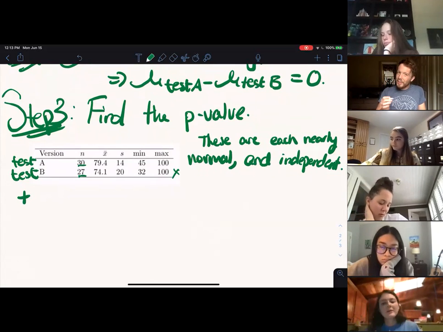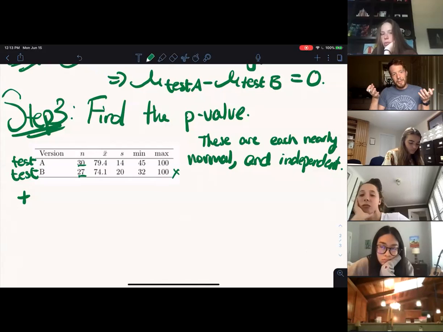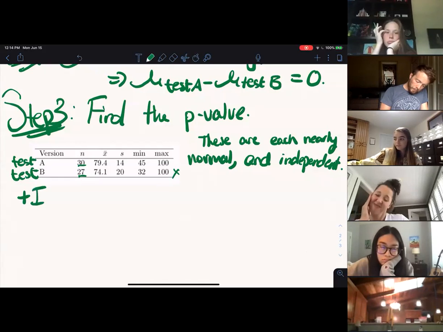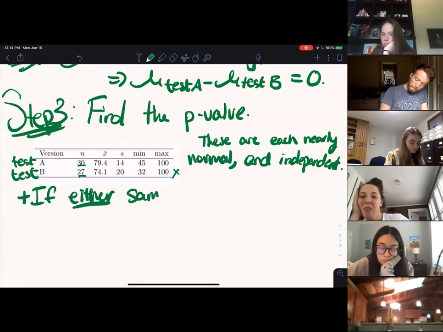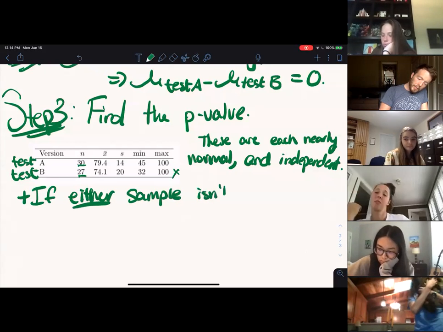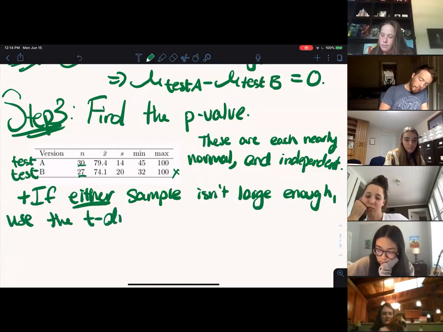But this is a little different because suddenly we have these two data sets. And just like how we had two data sets last time, if we want to use the t-distribution for two data sets, they both individually have to satisfy the conditions for the t-distribution. So if either sample isn't large enough, use the t-distribution to perform inference.